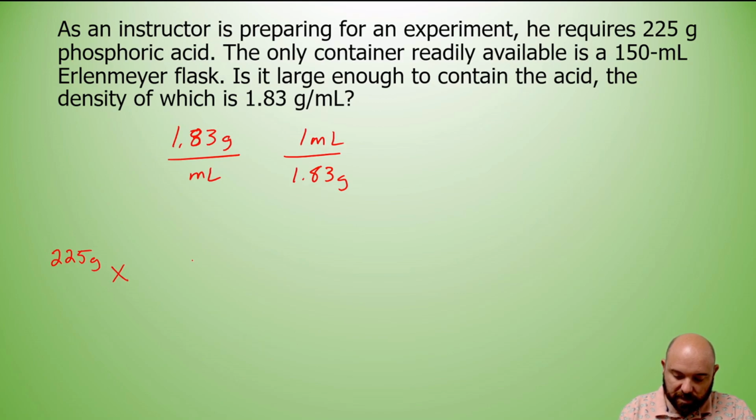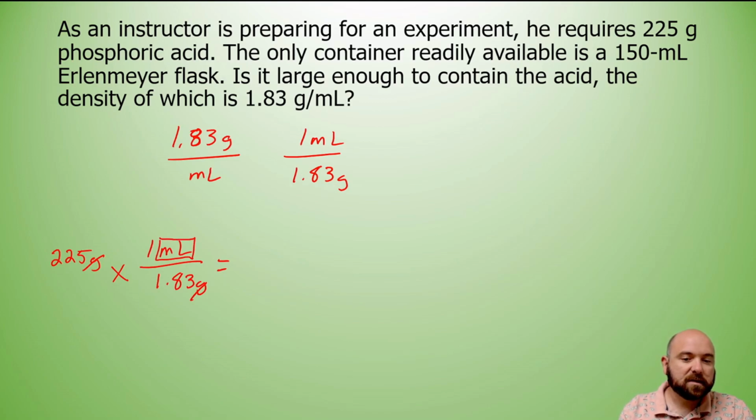We want to get rid of the grams because we want to know how much volume this 225 grams is going to amount to. So I'm going to multiply that by 1 milliliter for every 1.83 grams. And that will allow me to cancel grams and be left with milliliters.